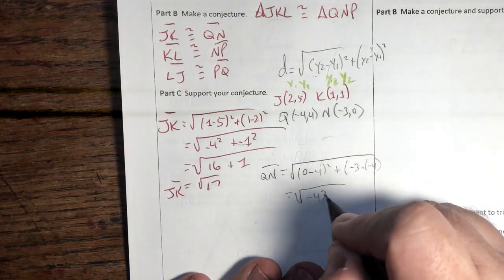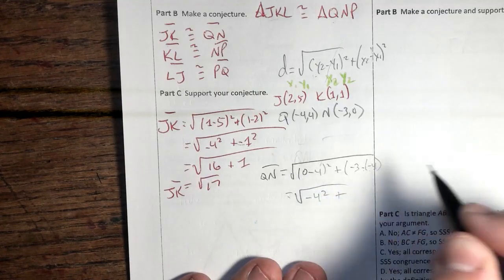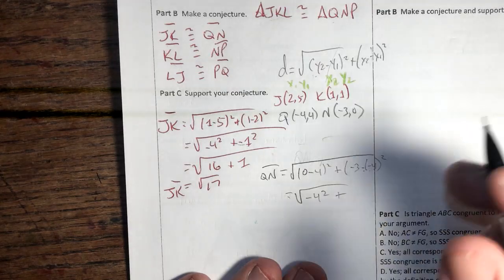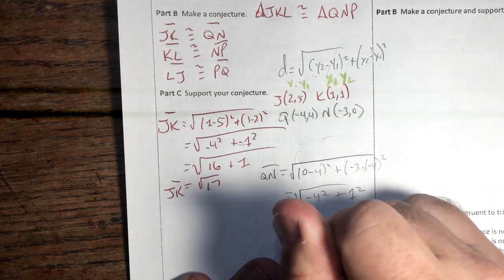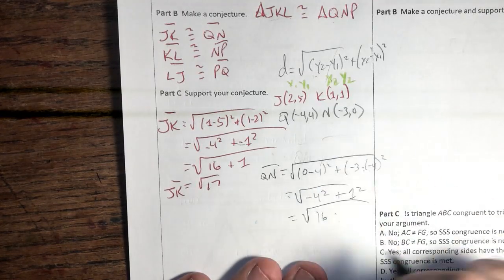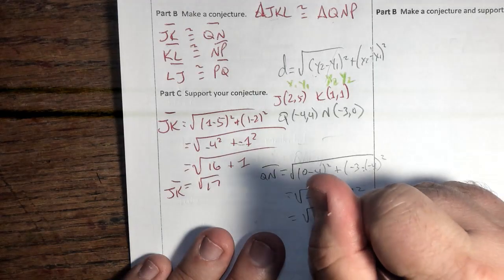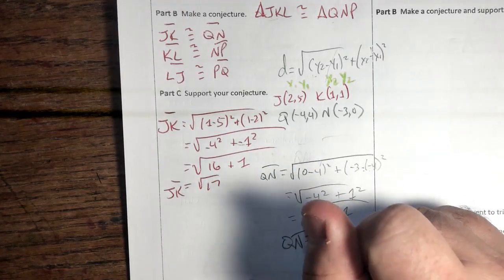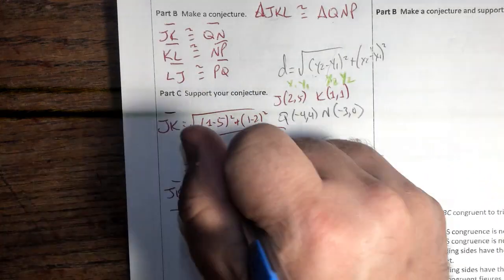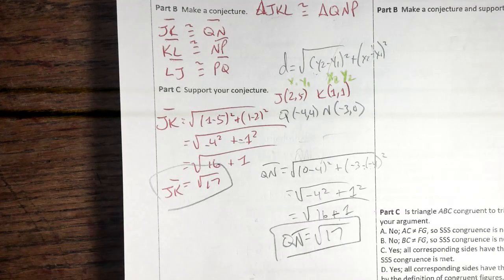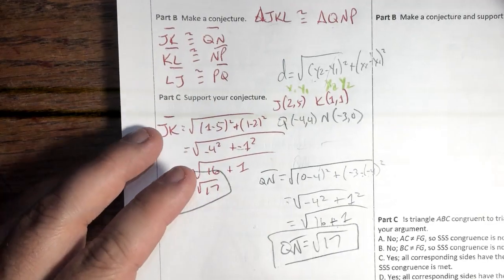So we have negative 4 squared plus negative 3 minus negative 4. That's like negative 3 plus 4 because the two negatives cancel out. So we have positive 1 squared. Oh, that looks familiar. Negative 4 squared is 16. Knew that was going to happen. 1 squared is 1. So QN also equals the square root of 17. So they both equal. So that proves our conjecture. You would want to do all three of those, but for the sake of space and time, I'm doing the one.